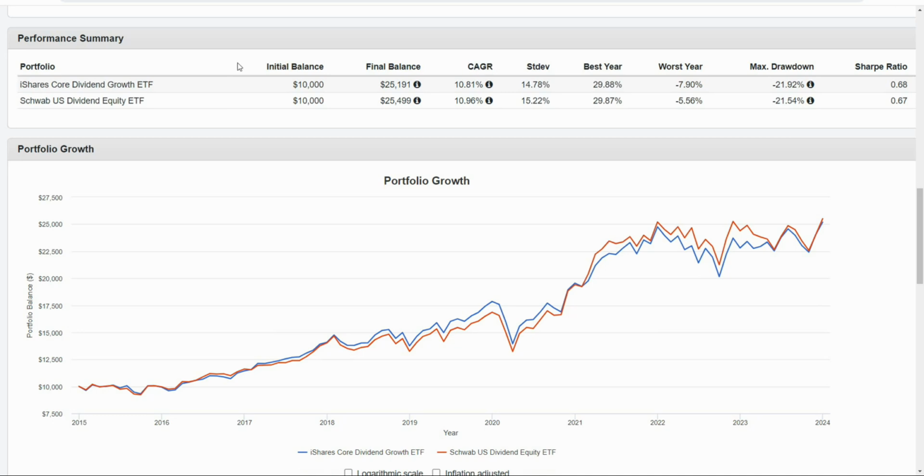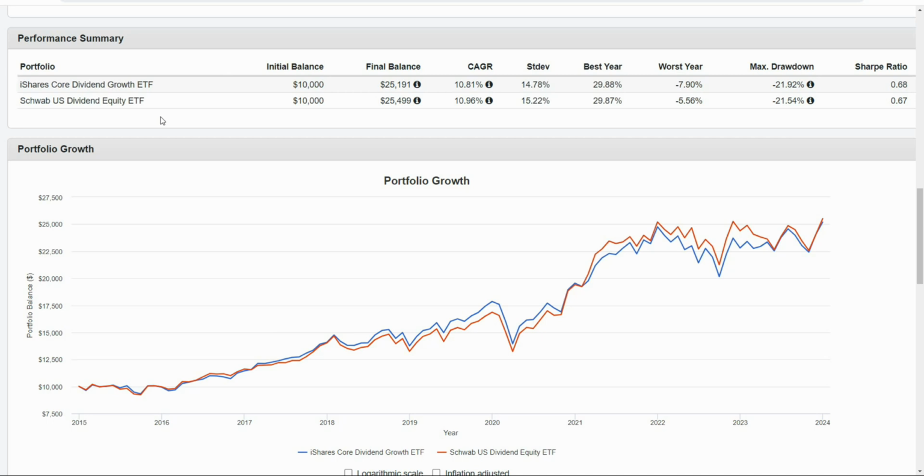DGRO did have a worse year compared to SCHD, and DGRO had a very slightly better best year compared to SCHD. So overall, though, these two ETFs did perform mostly in line, but SCHD did come out on top, as the numbers do say.